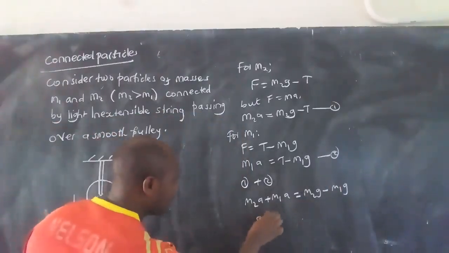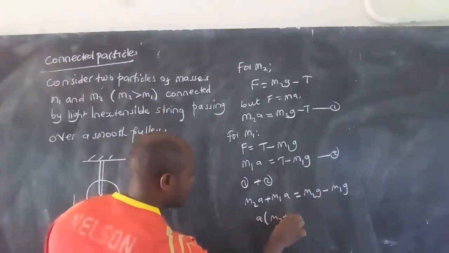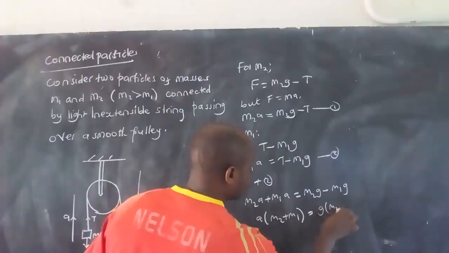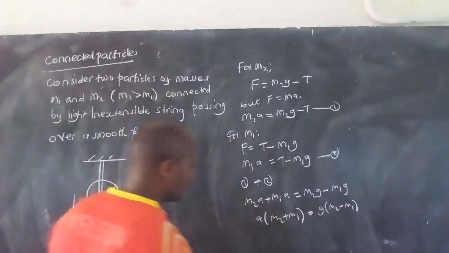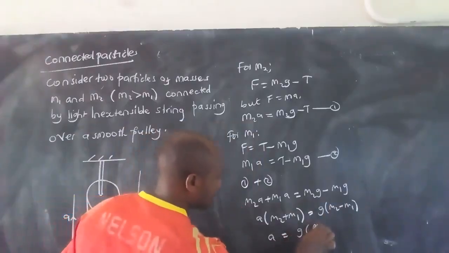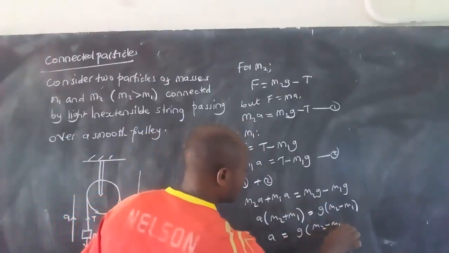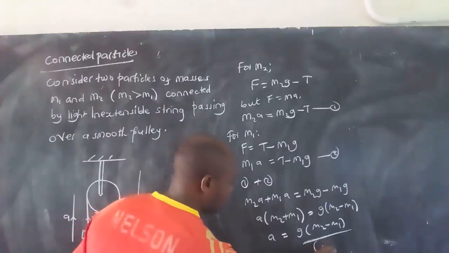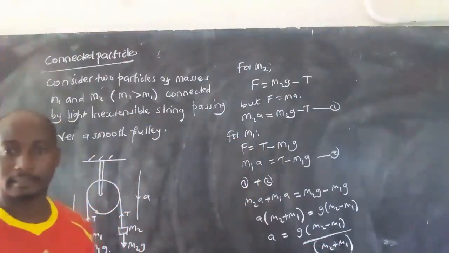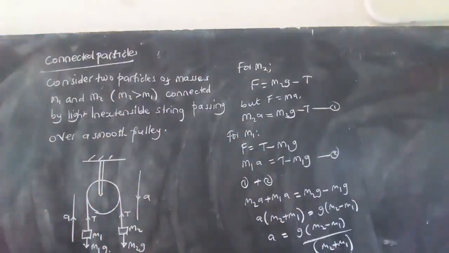So acceleration into m2 plus m1 is equal to g into m2 minus m1. So our acceleration will become g into m2 minus m1 divided by m2 plus m1. You get that? So that is how acceleration can be obtained.